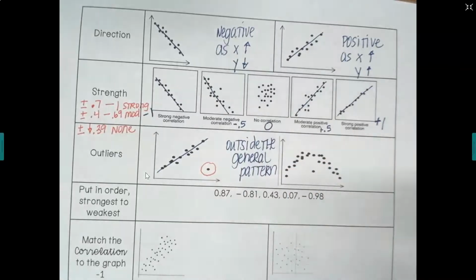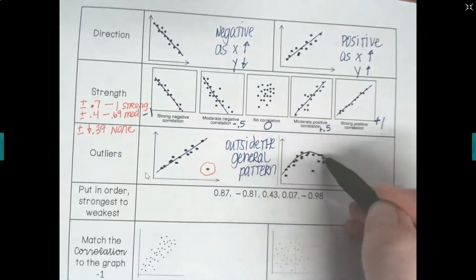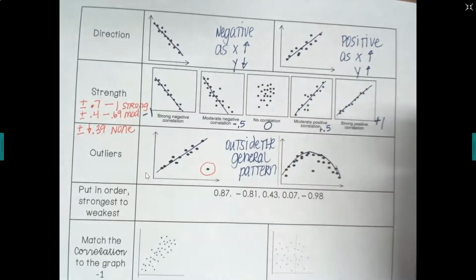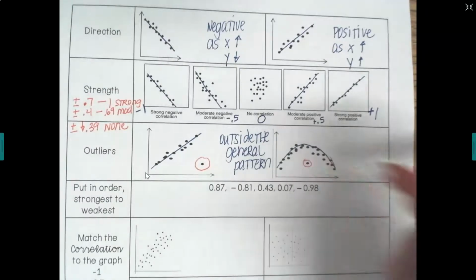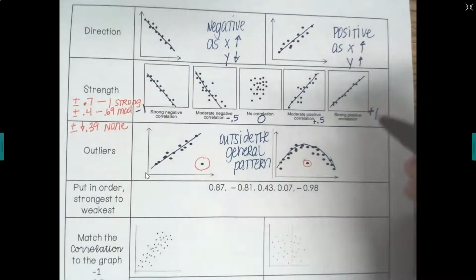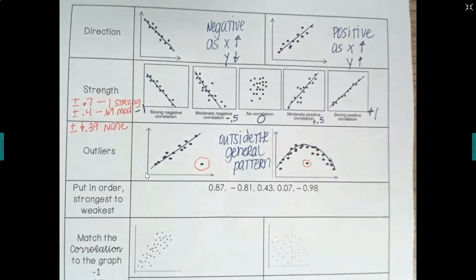Okay, so take a look. That one's linear, it's nice and straight. This guy goes up and he comes back down. This guy is quadratic, but you see this one dot that's outside of his pattern. That's going to reduce his correlation, make it weaker. So that would be his outlier.